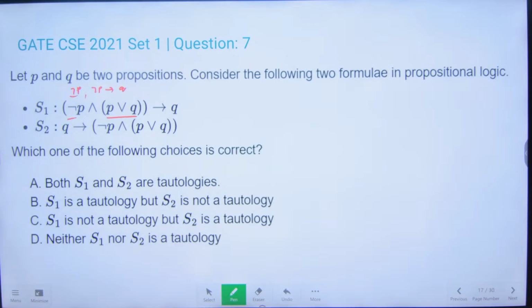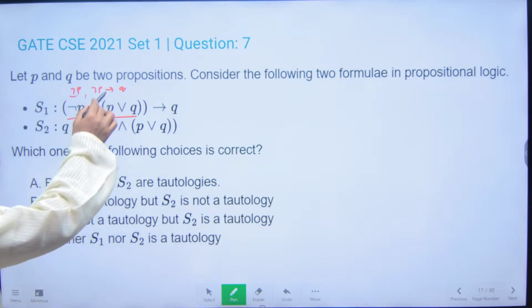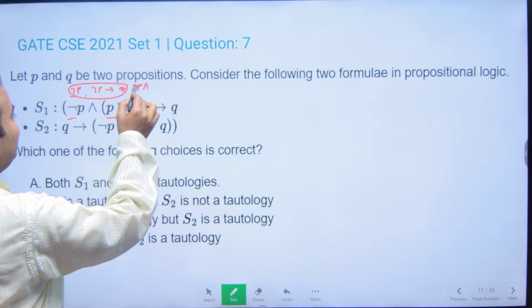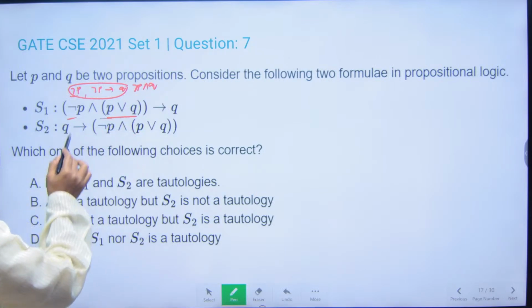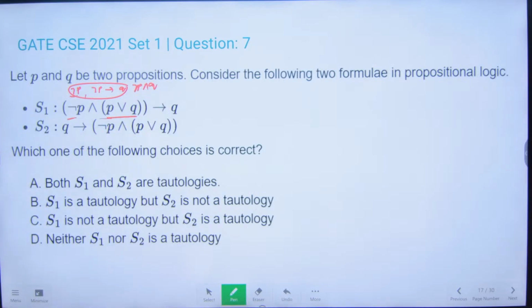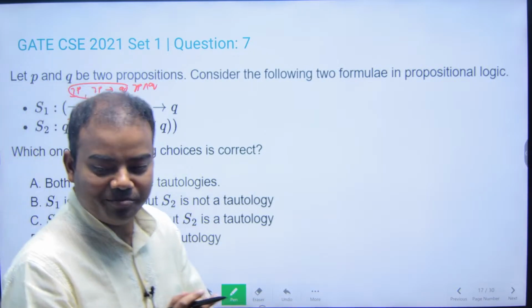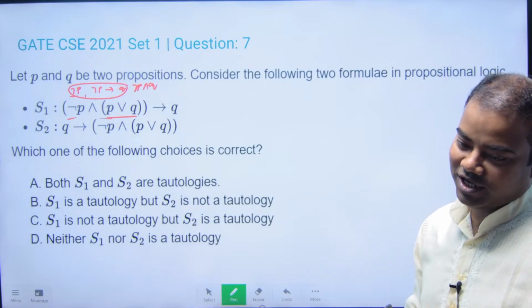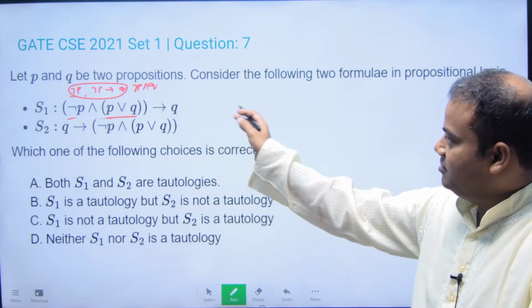Not P is also true, and so actually this is nothing but not P and Q. So this whole thing is not P and Q. But first you try to make it using a truth table, then you can easily understand how both are the same.